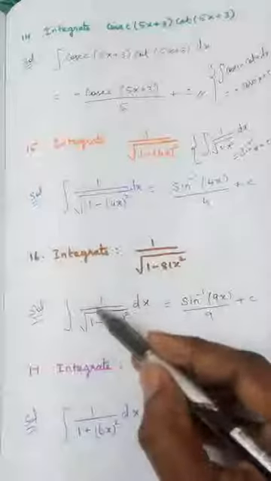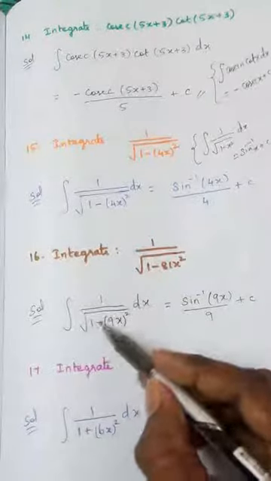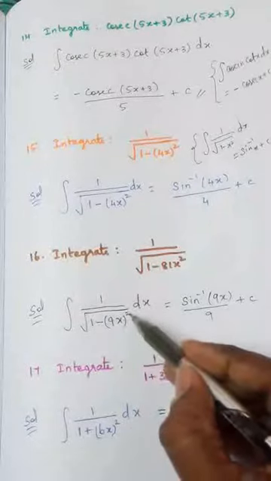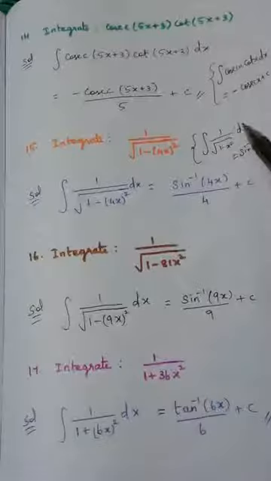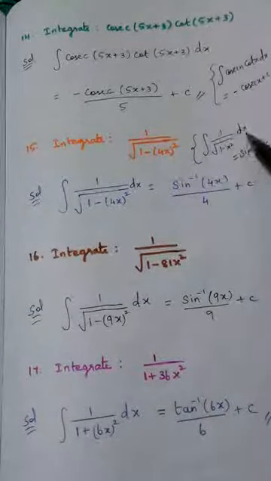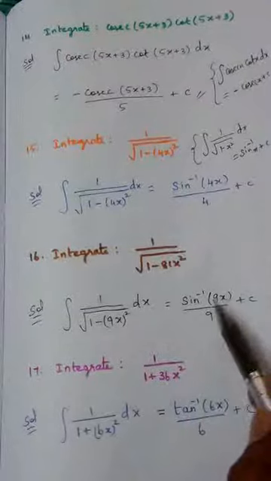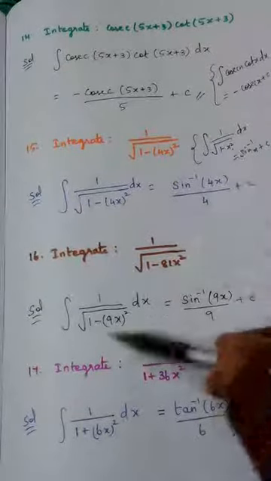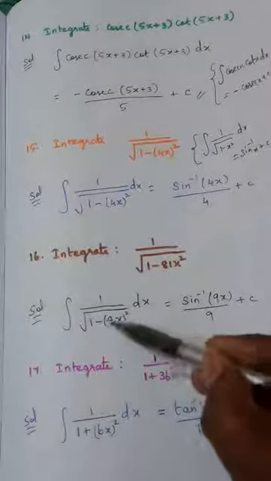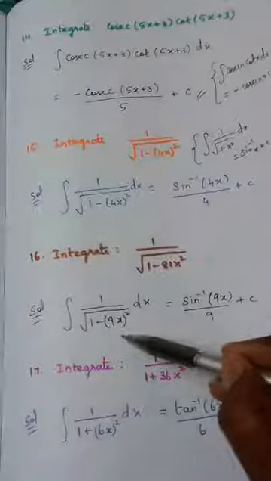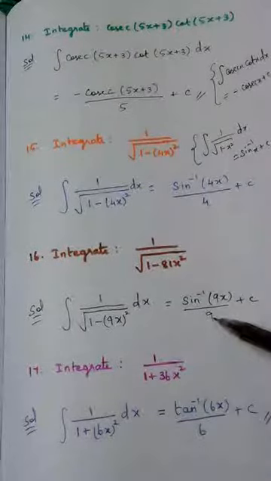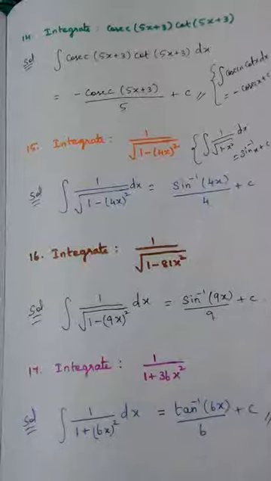Just to get the formula, 1 by root of 1 minus x square. Integral 1 by root of 1 minus x square dx is sine inverse x. So I should write sine inverse 9x. But in place of x, I am having 9x. So differentiate 9x once again, 9 will come. Write that 9 in the denominator plus c.